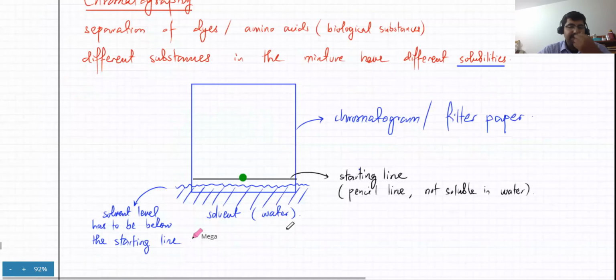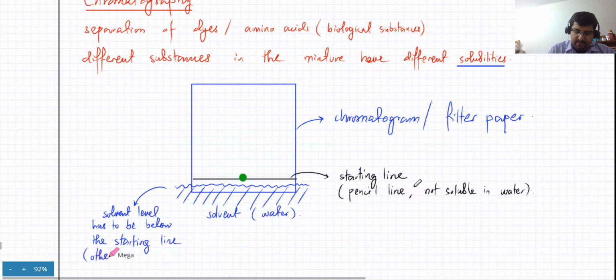You don't want that to happen. So you want to keep the green dot above the solvent, not close to it. Otherwise, the green dye would dissolve in the solvent.